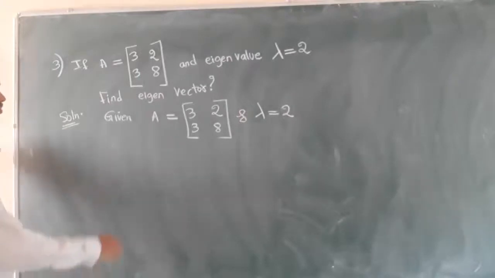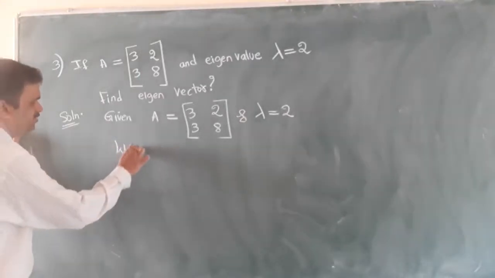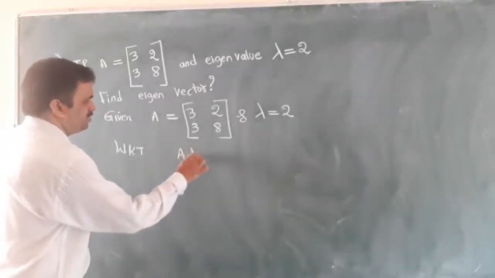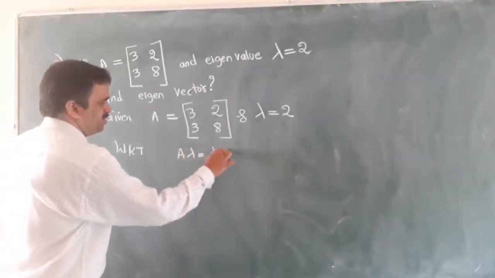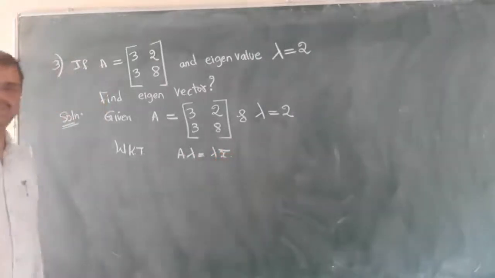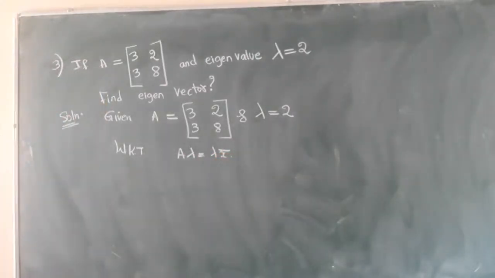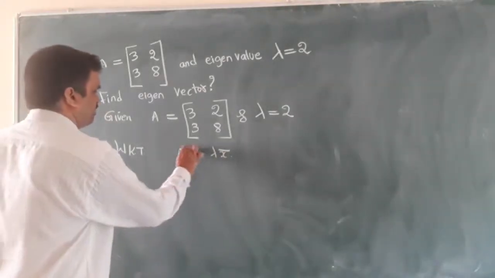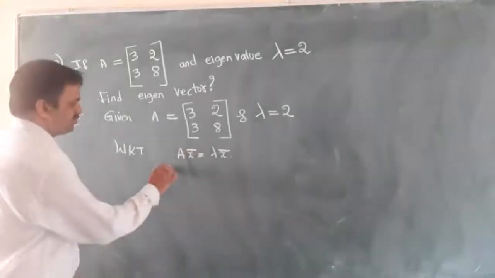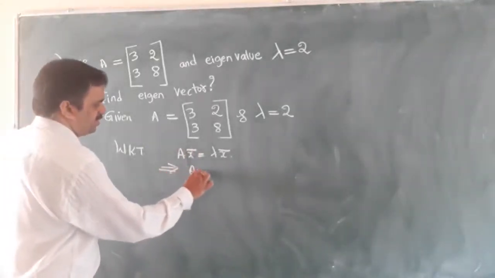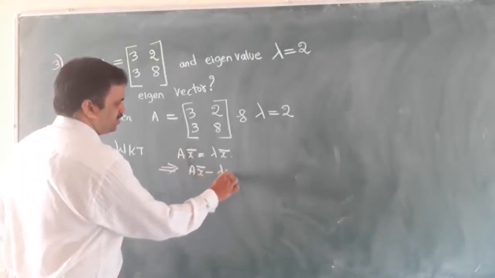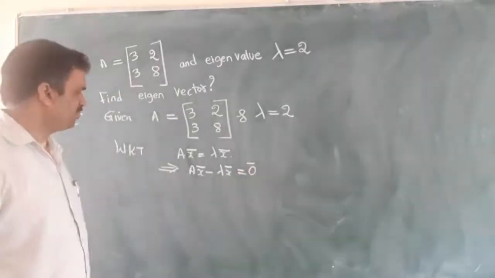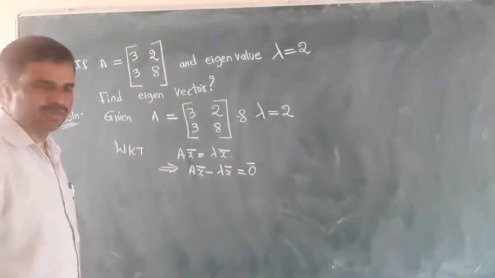We know that we have the condition A x bar is equal to lambda x bar, which implies A x bar minus lambda x bar equal to 0, the zero vector.